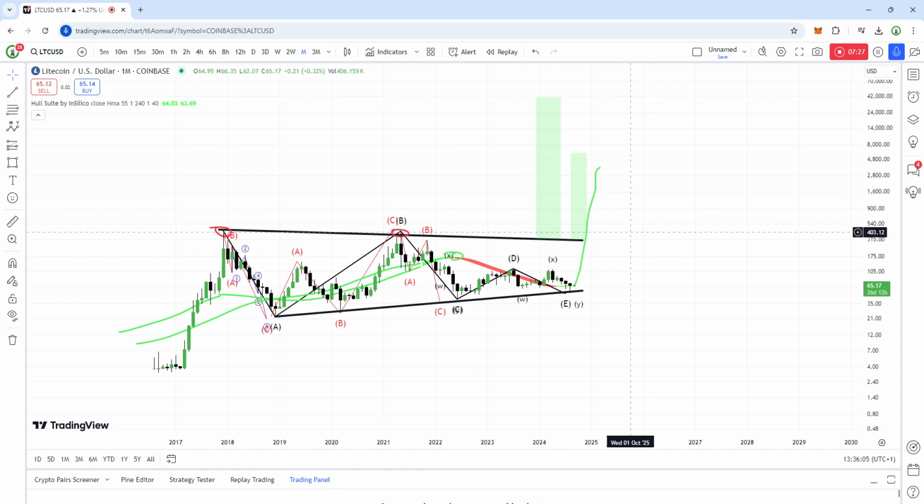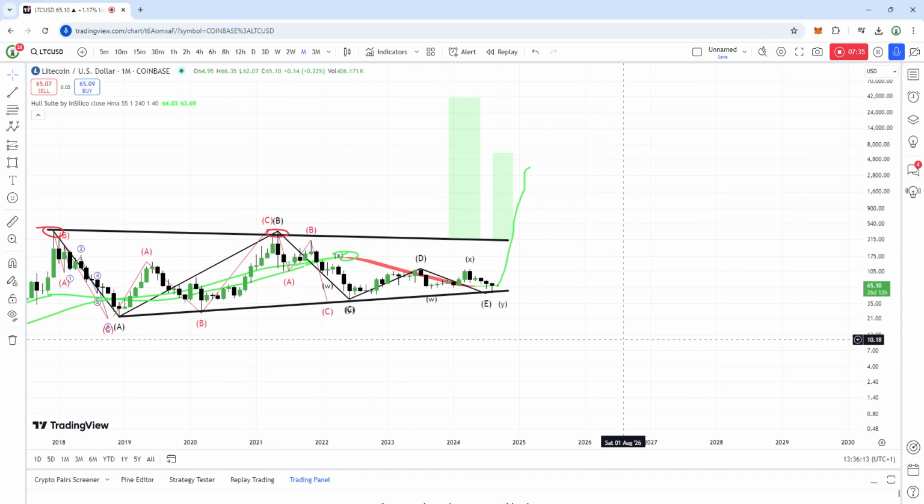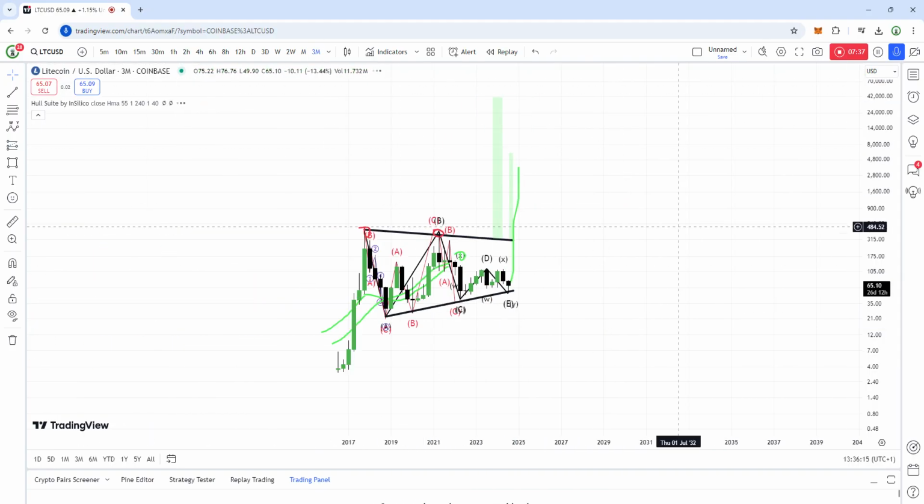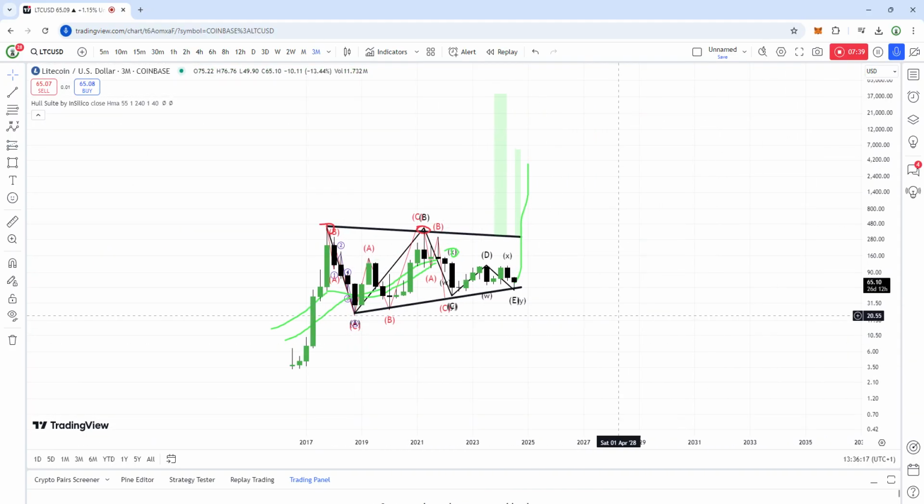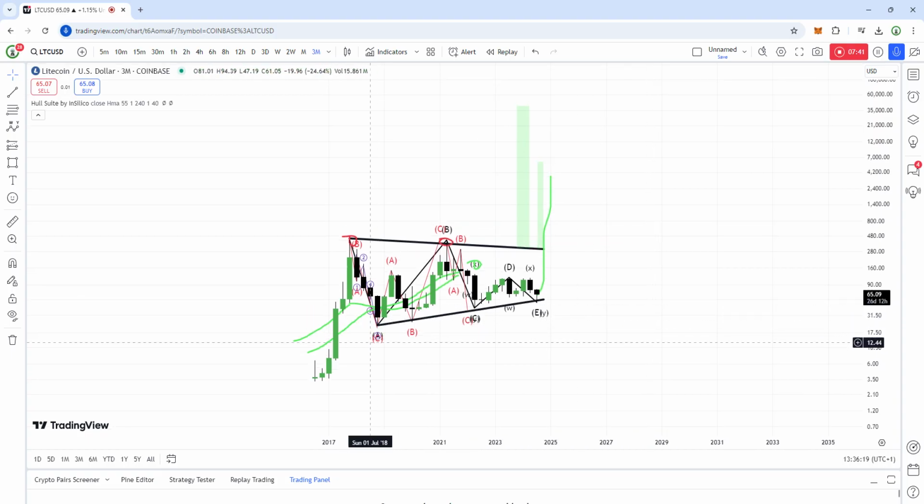And again, it is possible. That would be the measurement for this flagpole and corrective pattern. If we go into the 3-month, that is where it puts it. So what I'm looking for is anywhere from 6,000 to 40,000 for Litecoin.